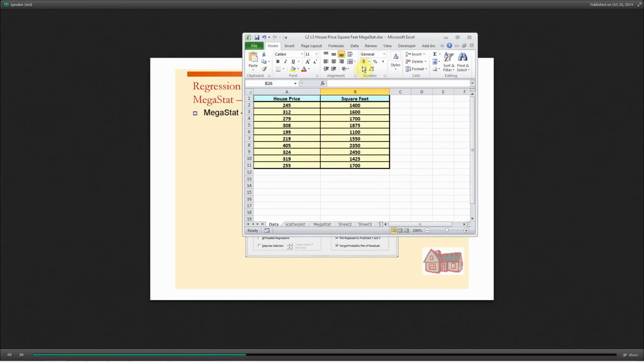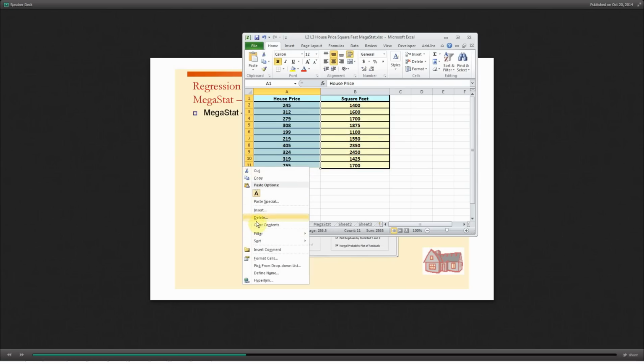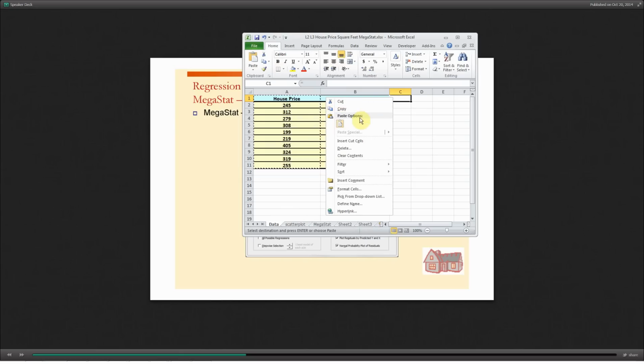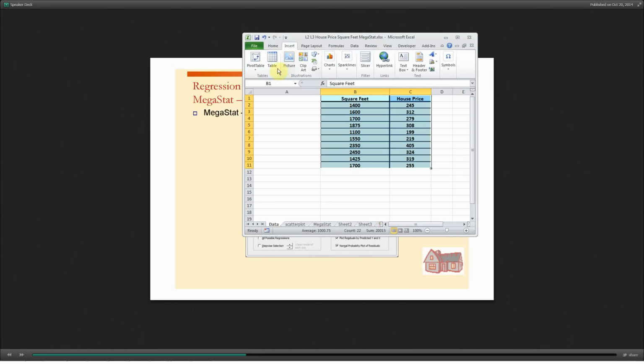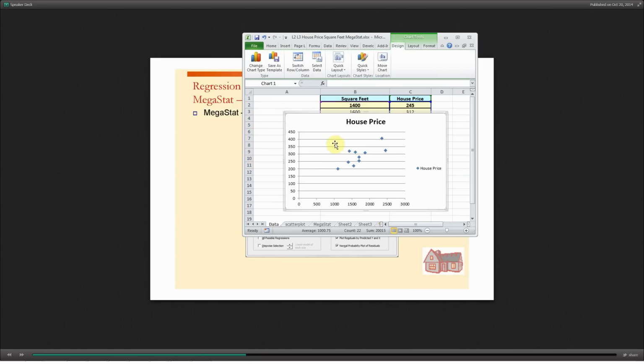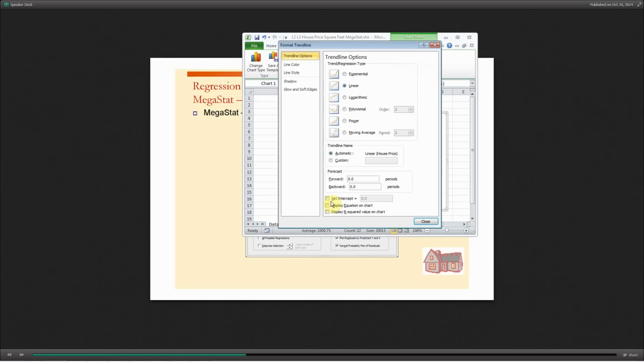I'm bringing up my house price per square feet data, and I'm going to paste it over here just like I did before so I can set up my scatter plot. I do an insert chart, scatter, and now I've got my scatter plot.